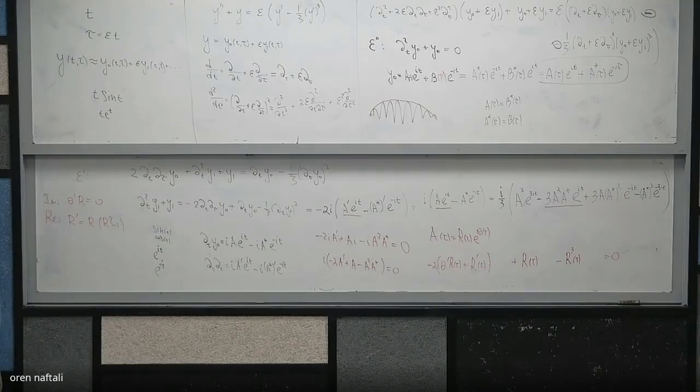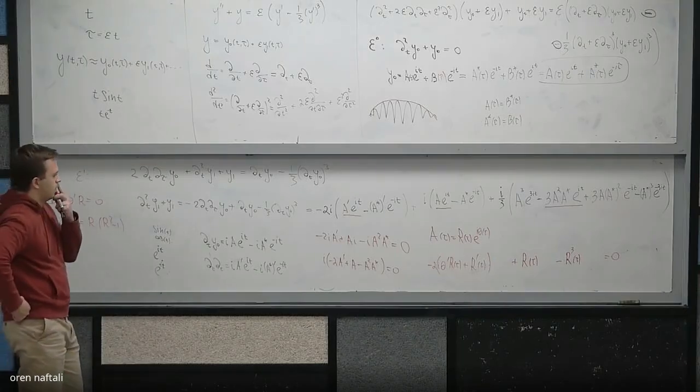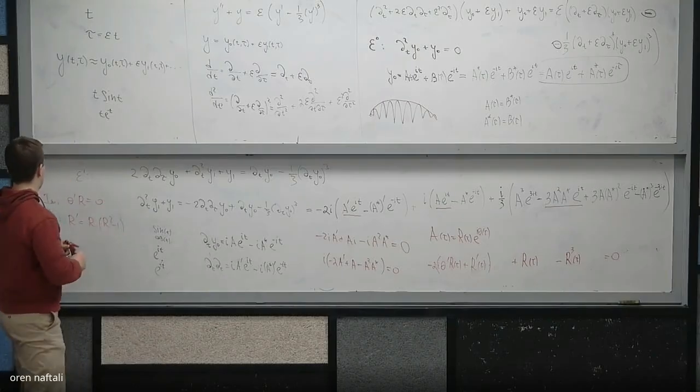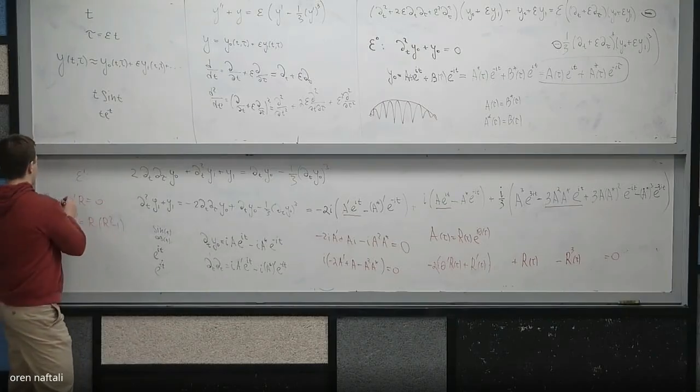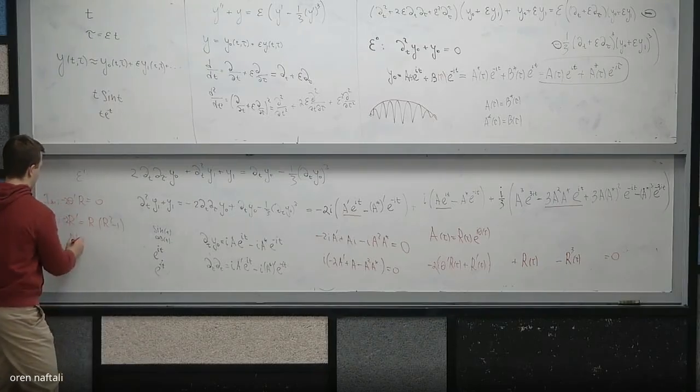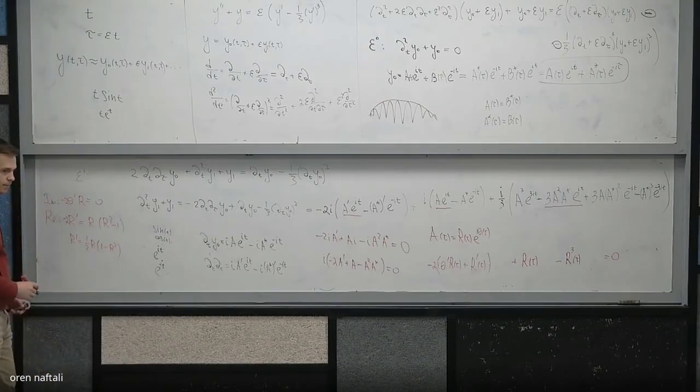So you have a minus outside. Or minus 2. Yes, I forgot about the minus 2. So here minus 2. Okay, then r prime is 1/2 r times 1 minus r squared.